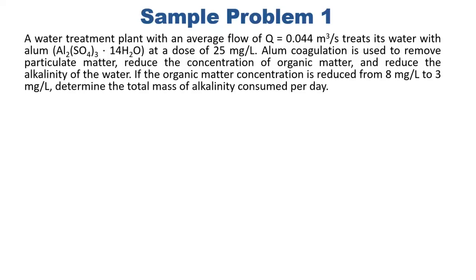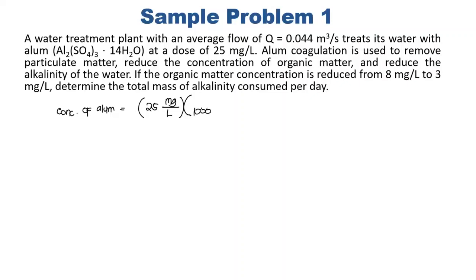We are given the dose of alum, which is 25 milligrams per liter. Now we are going to convert it into moles per liter. So the concentration of alum is equal to 25 milligrams per liter. Let's convert the milligrams into grams.